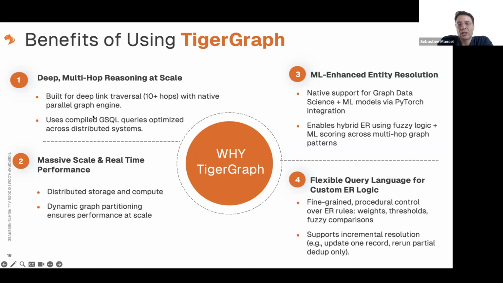You can integrate machine learning models via PyTorch. You can apply fuzzy logic and scores across graph patterns. You can build hybrid approaches using both deterministic and learned logic. And finally, TigerGraph gives you full control through a flexible query language. You can define your own rules, weights, thresholds, and fuzzy comparisons.